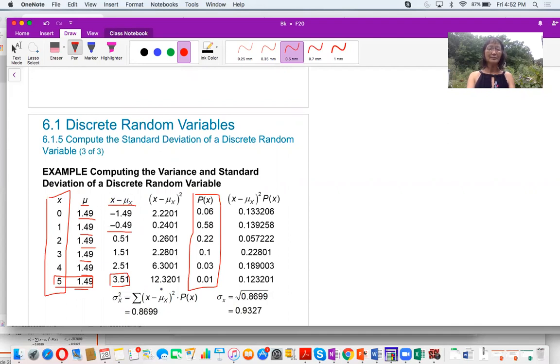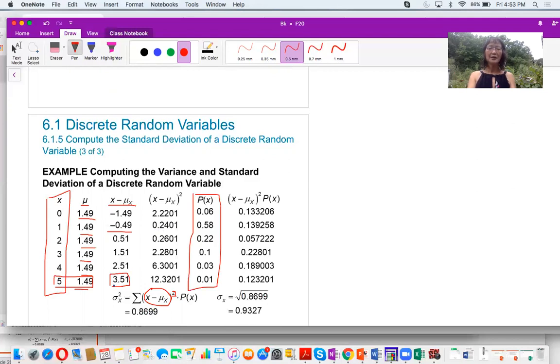So you calculated X minus mu. Why do you need that? Because the formula needs that item. And then you have to square it. Why square it? The formula said you need to square it. So you square negative 1.49, you get 2.22. Square negative 0.49, you get 0.24.